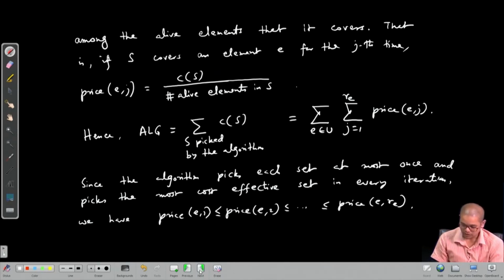Now we will analyze this algorithm using dual fitting.